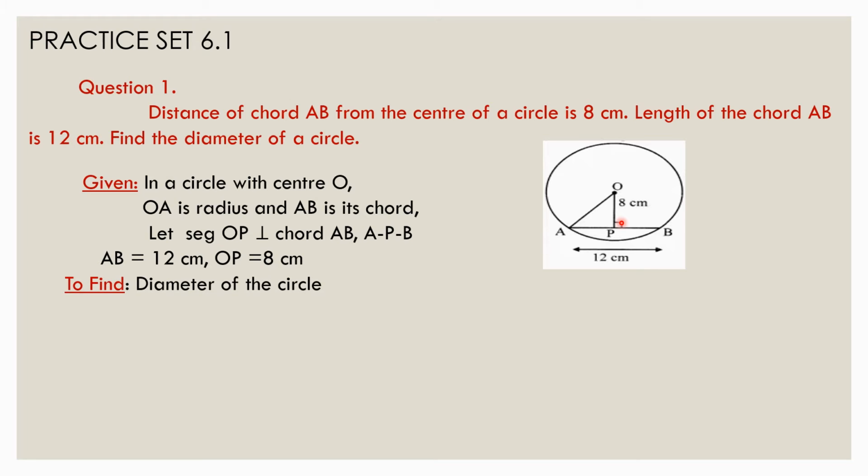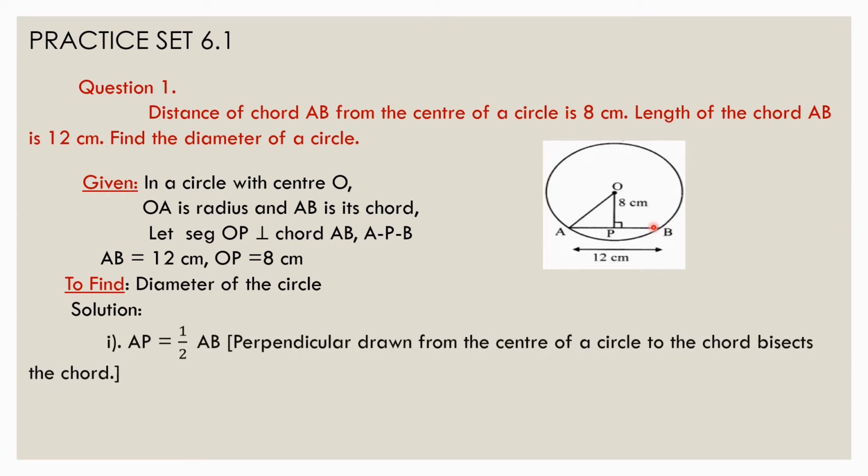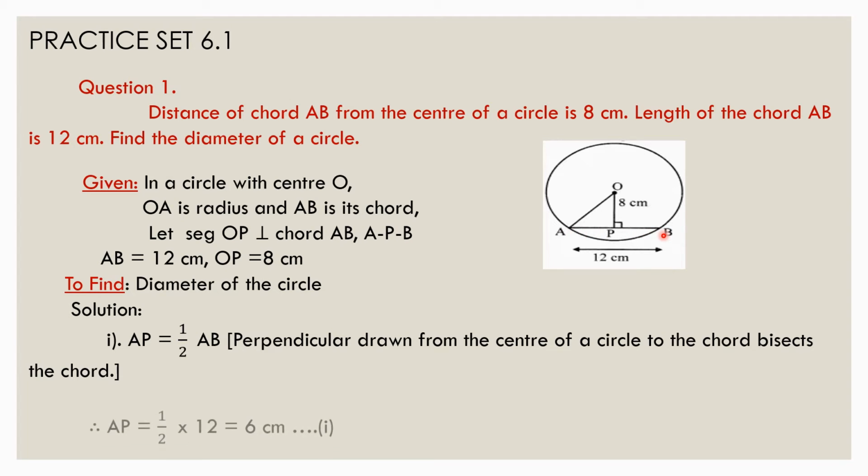Solution. You have already learned the perpendicular drawn from the center of a circle to the chord bisects the chord. Therefore, AP is equal to half into AB. Therefore, AP is equal to half into 12, is equal to 6 cm. That is equation number 1.